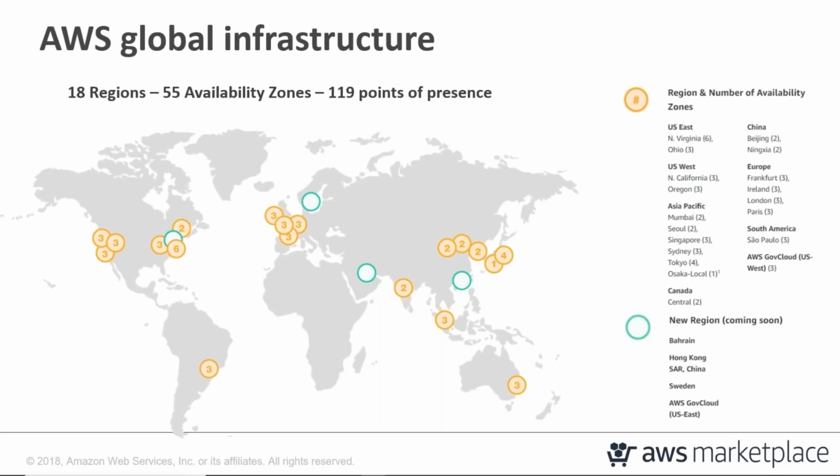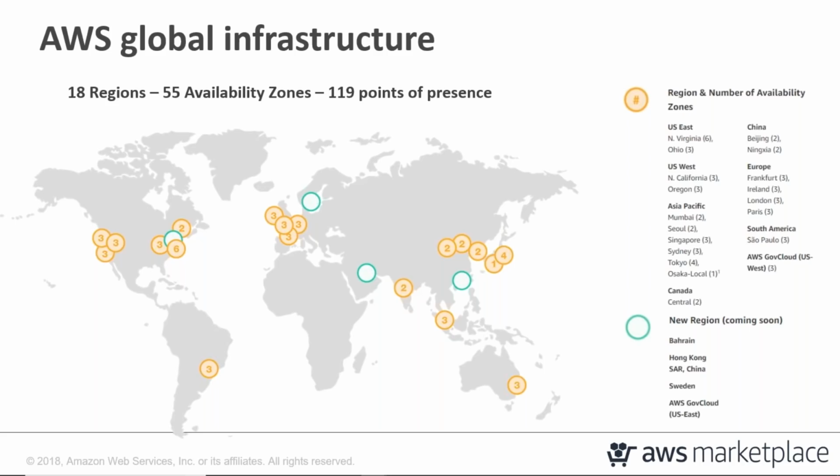Those clusters of data centers we call availability zones. We have 55 availability zones around the world, contained within those regions. An availability zone is one or more data centers that are logically connected. We also have many points of presence around the world, which are part of our edge network.